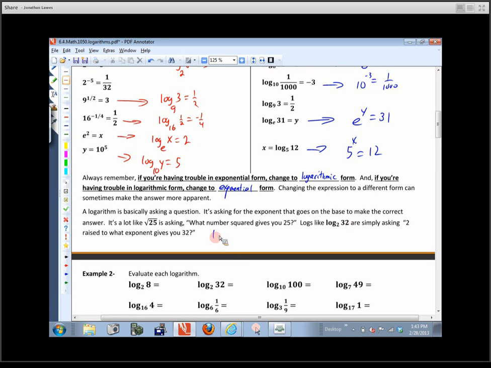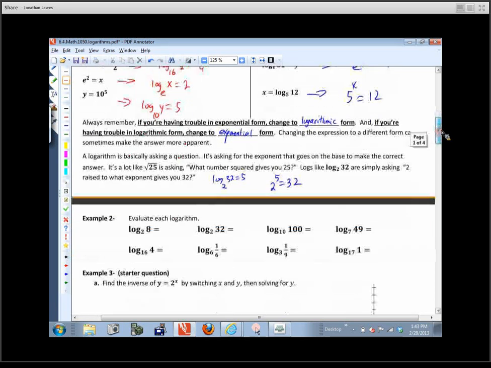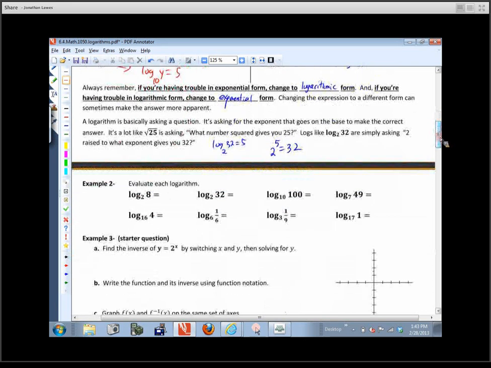So log base 2 of 32 is equal to 5. And you can think about why that's the correct answer: because 2 to the 5th is equal to 32. So do you see how converting back and forth from logarithmic to exponential can help make sense of what these are? Very useful, both of them are.